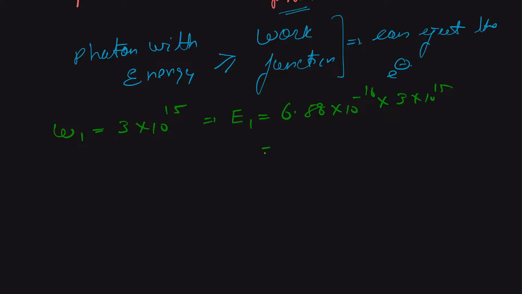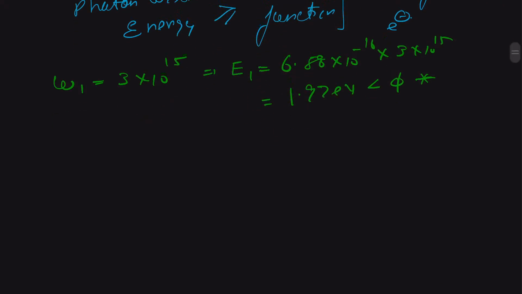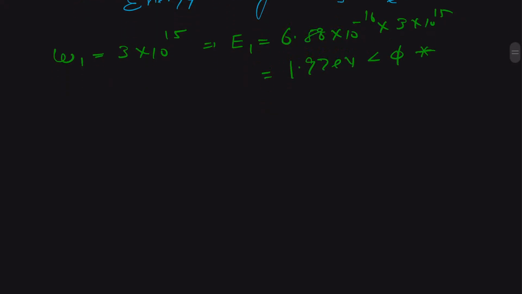So this is approximately equal to 1.97 electron volt. Obviously that is less than the work function, so this cannot emit the electrons. Then we come to omega 2, which is 12 into 10 to the power 15.